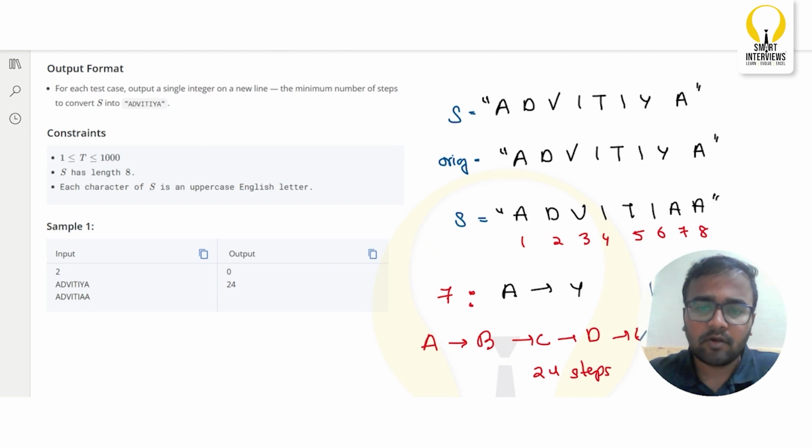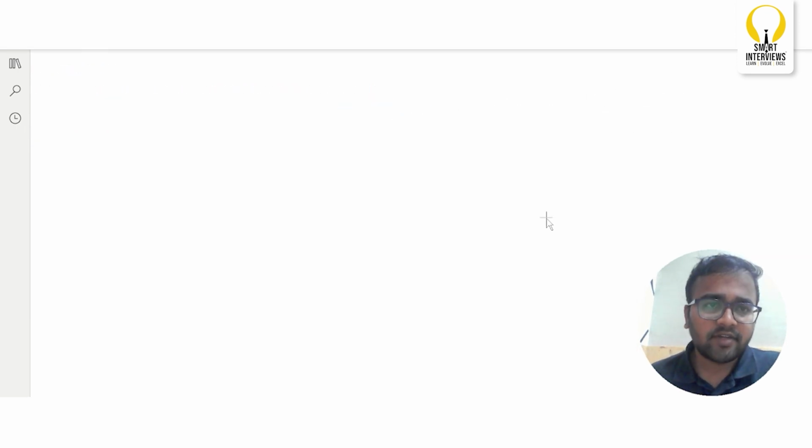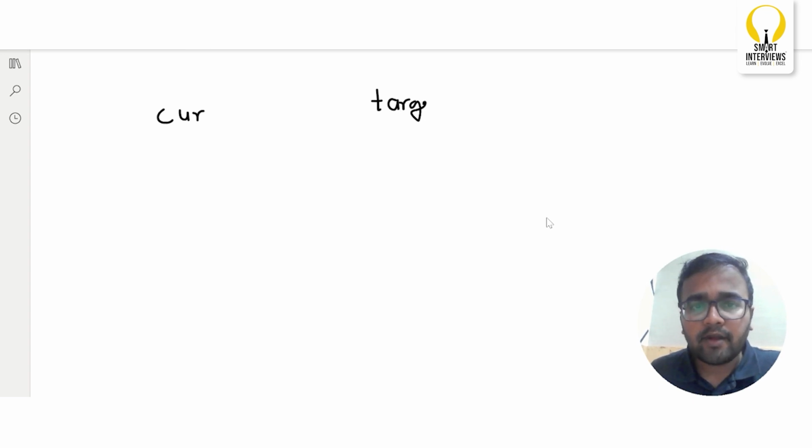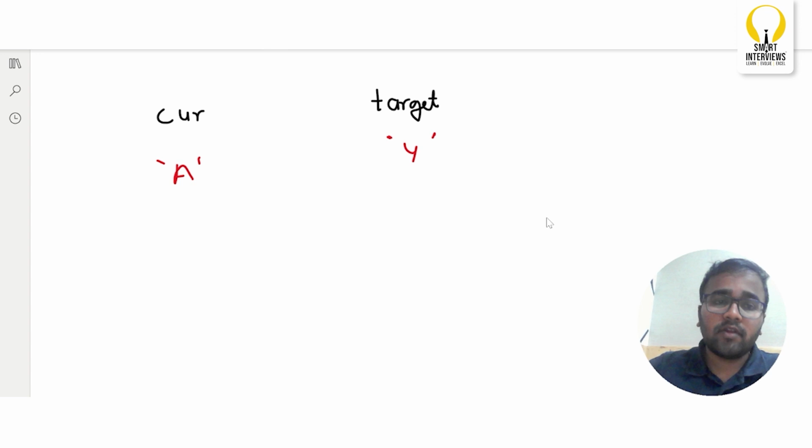Let us try to solve this. Let us understand how we are going to solve this problem. To solve this problem, we need to take two cases. Before taking the two cases, let us take the current character and the target character. The current character is the character of the given string. Let's take it as A and the target character as Y. In our first case, the target character is going to come after the current character.